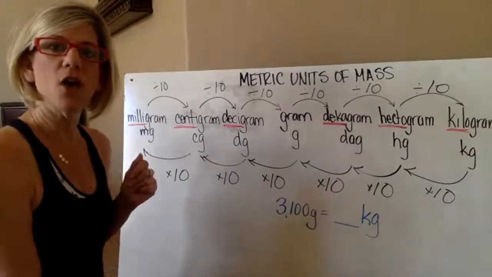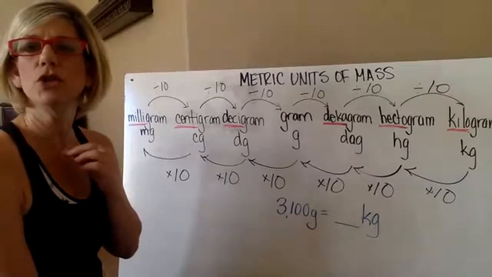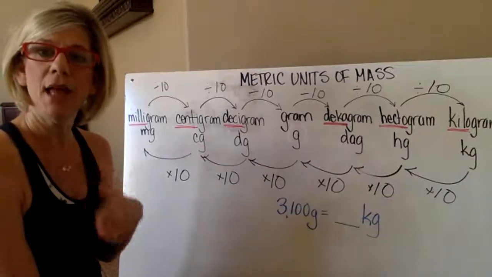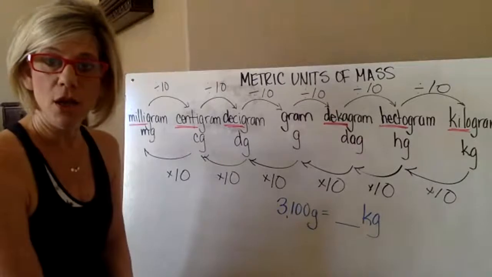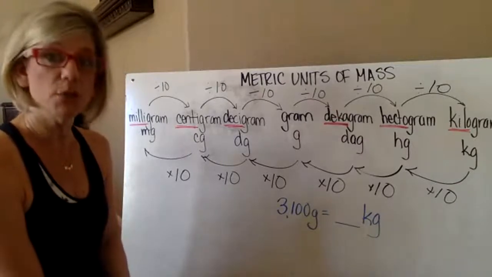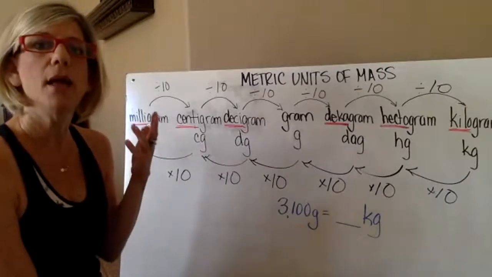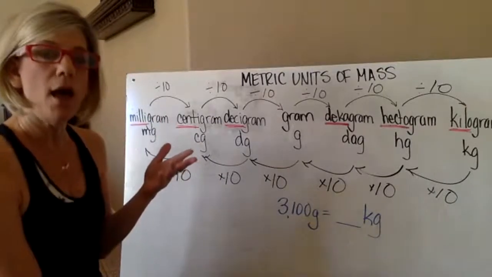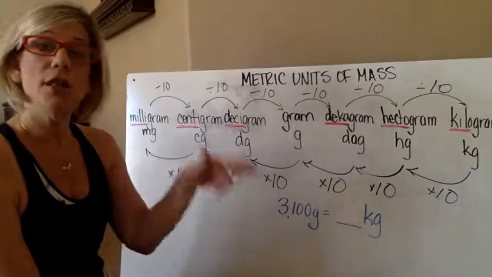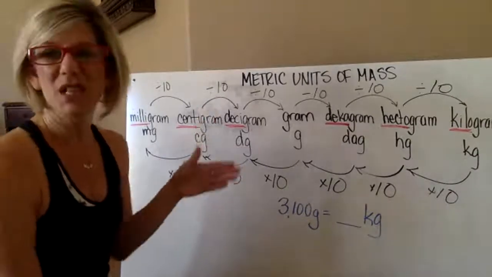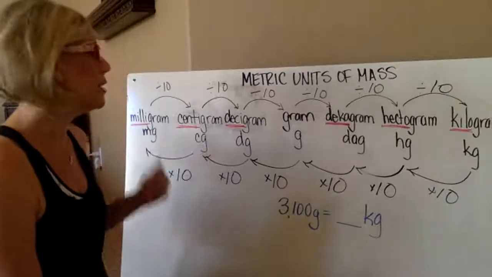And what I did was I also took us back to when we learned to divide and multiply by powers of 10, which when you do it, you can just move the decimal point. So again, if you did not check in on my metric units of length video, if you need more detail, go and look at that because I'm not going to really go over it here since it's already in that video.